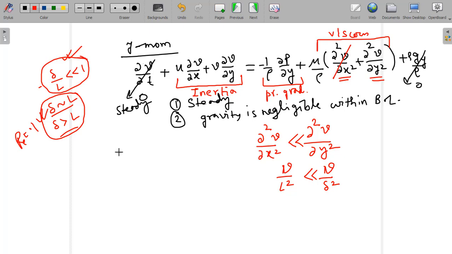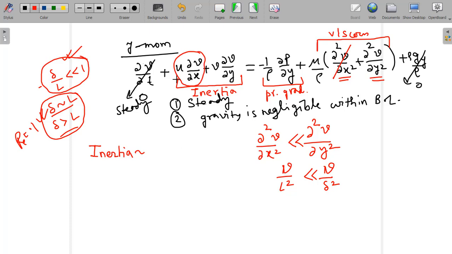Now if we compare their relative strength, let us check the order of magnitude of the inertia term. Its order of magnitude will be the order of magnitude of this term.